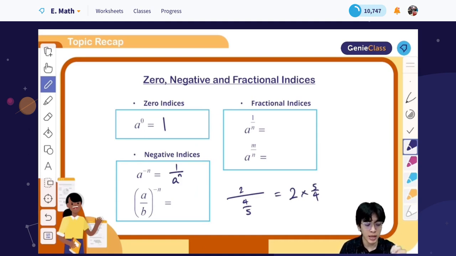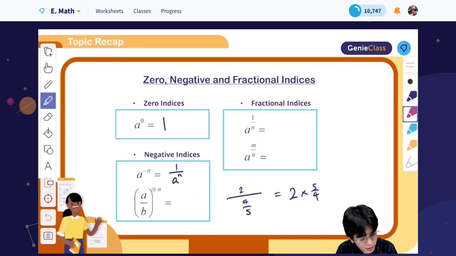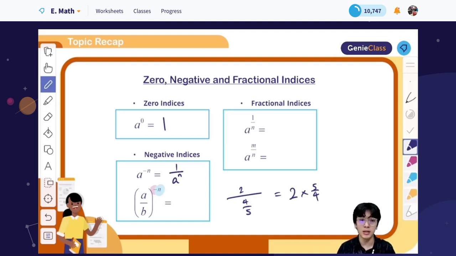So that's what it means to put the negative power on a fraction: you flip the fraction. Then take note that there is still a power n, so you apply the power n to both numerator and denominator, so you end up with b^n over a^n.